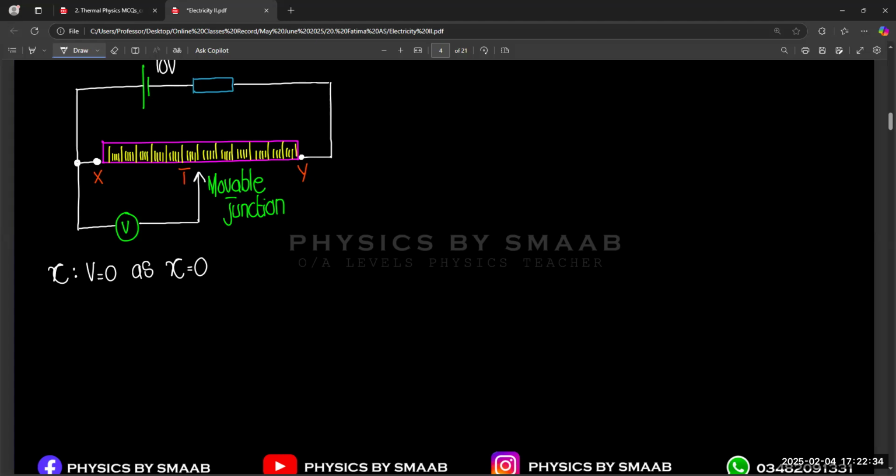But let's suppose we move this junction to the right hand side at point Y, so the maximum length on the ruler is covered by this movable junction. So at point Y, voltage will be equal to the voltage between point X and Y. It depends upon the setup, what type of setup we are using, and what values are given in the setup.